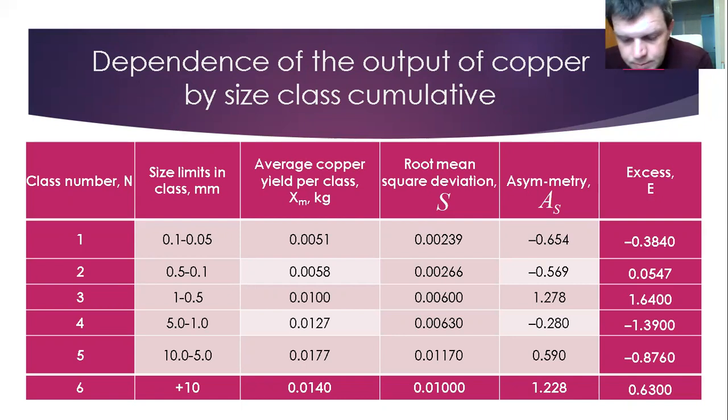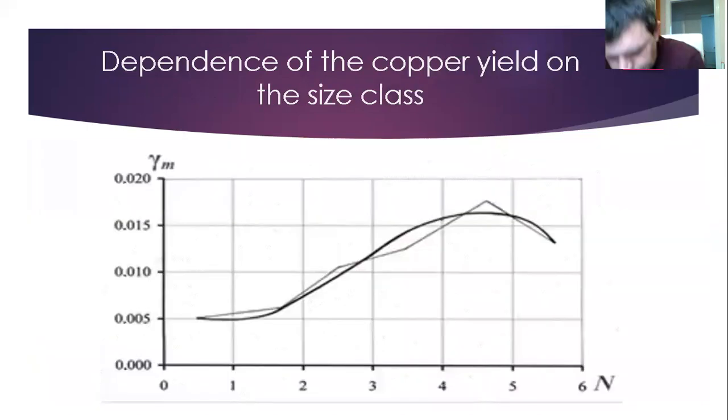Oh, sorry, in this table, the dependence of the copper output by size class, cumulative. In this figure, we show the dependence of the copper yield on the size class.